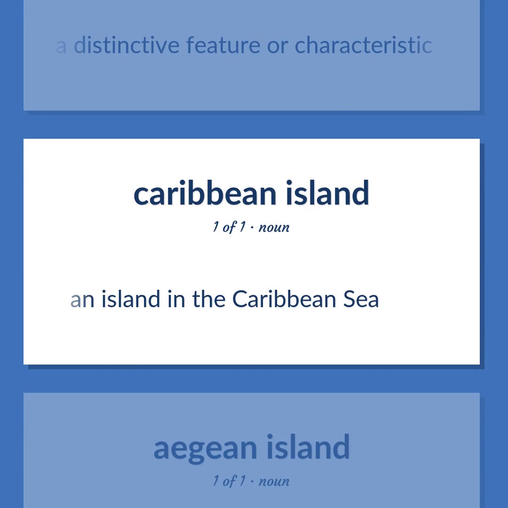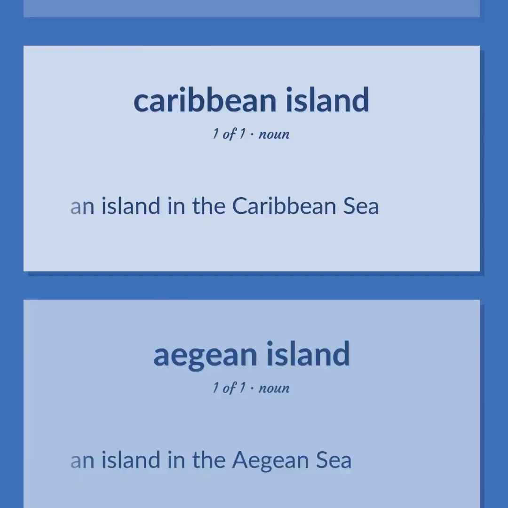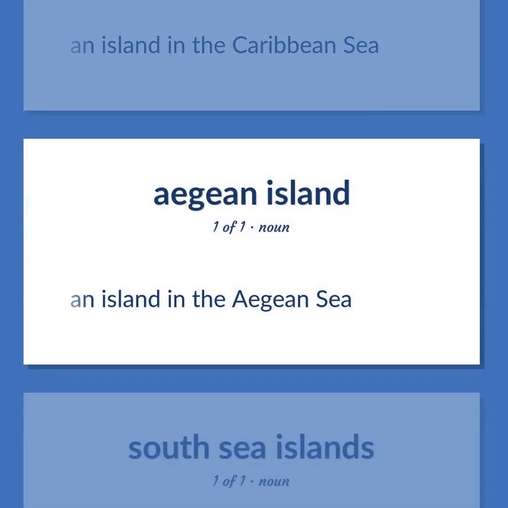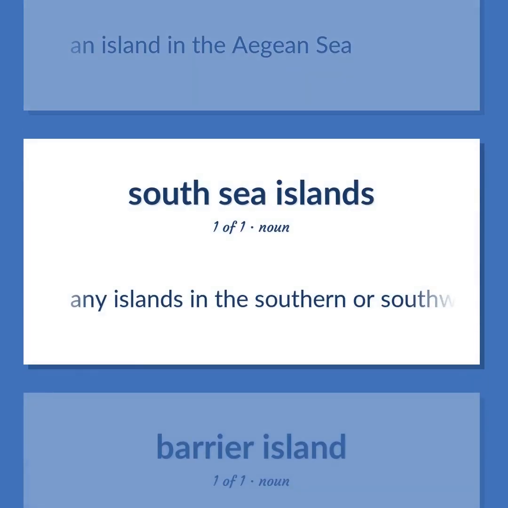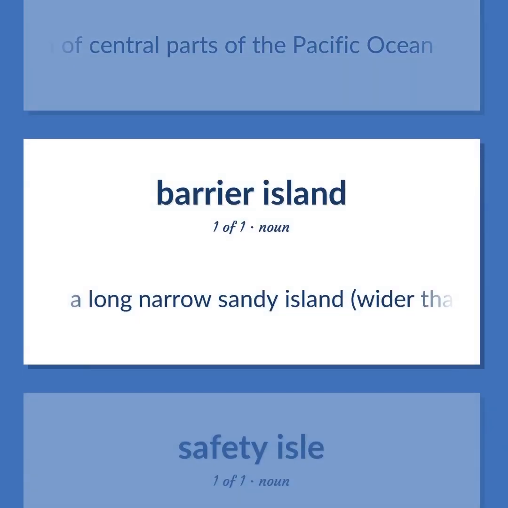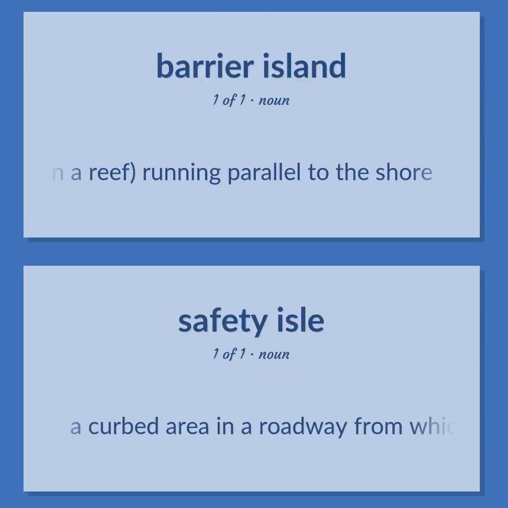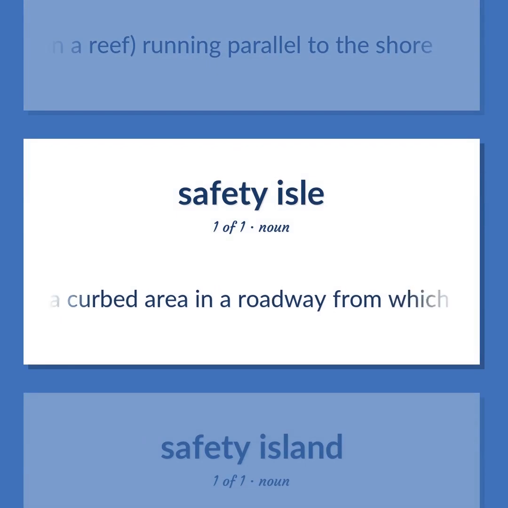An island in the Caribbean Sea. An island in the Aegean Sea. Any islands in the southern or southwestern or central parts of the Pacific Ocean. A long narrow sandy island, wider than a reef, running parallel to the shore. A curbed area in a roadway from which traffic is excluded, provides safe area for pedestrians.